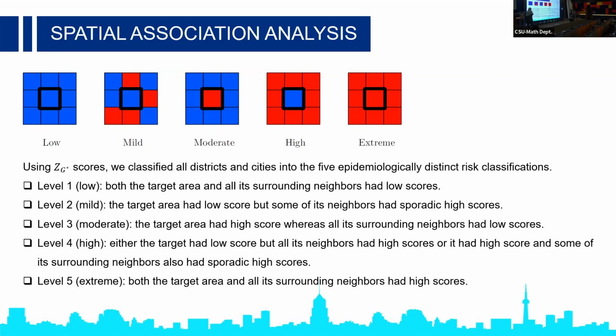And this is level 5, the extreme one. Both the target area and all its surroundings had a high score. So all is red. We begin with all blue, and then the extreme level will be all surrounded by red area.